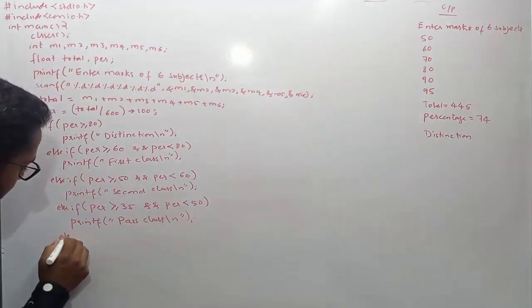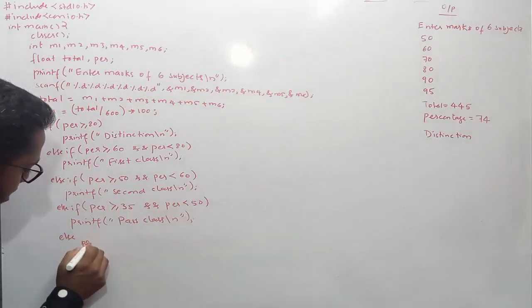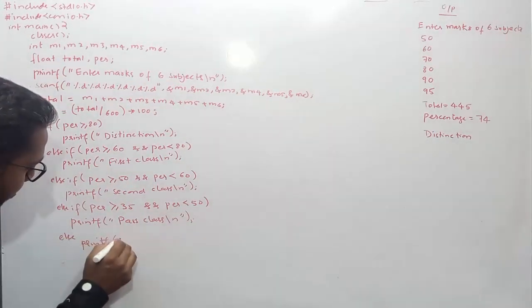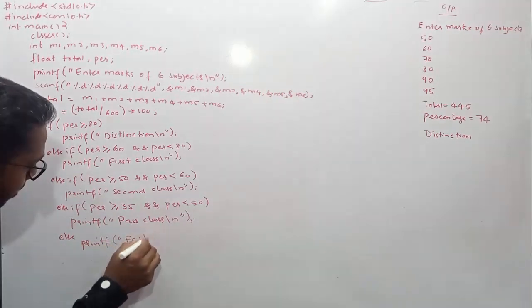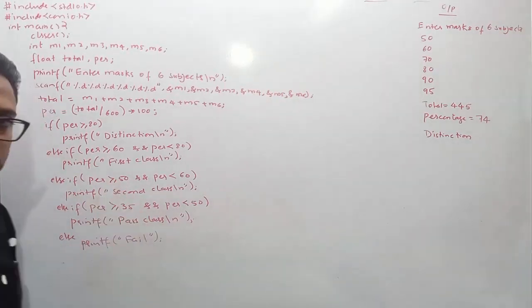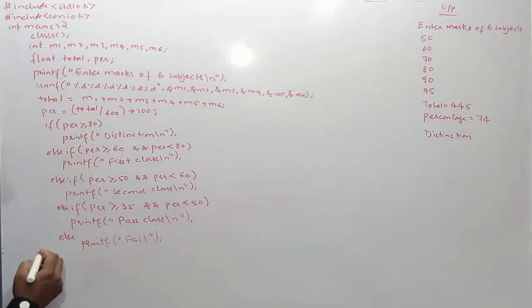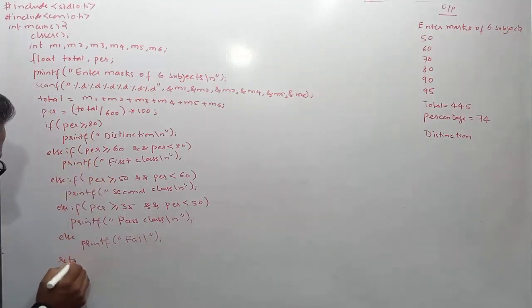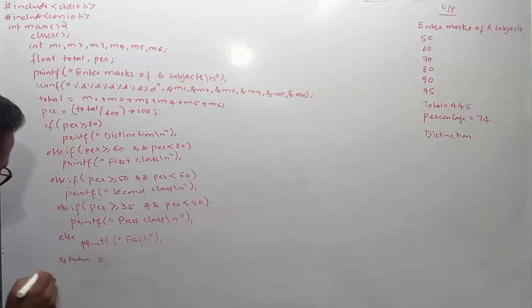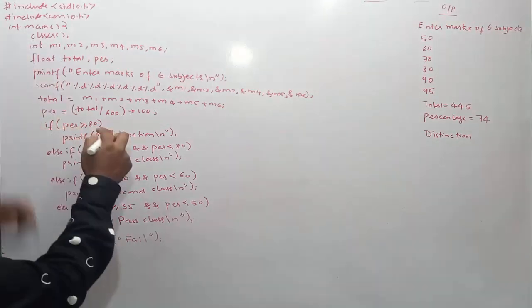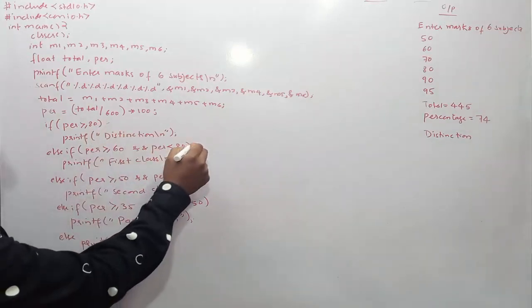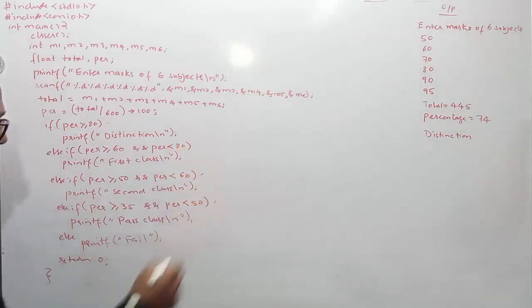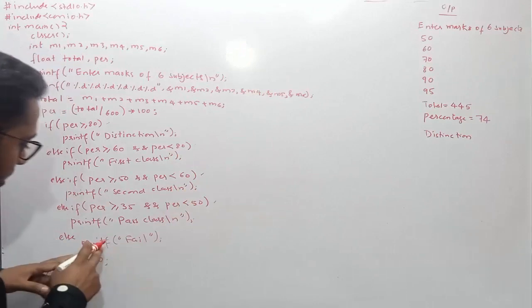Now the last one is else printf fail, semicolon, and now return 0, curly bracket close. If none of these conditions get satisfied, then the student will fail.